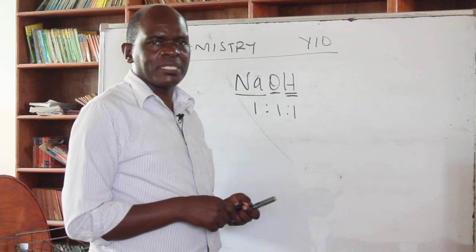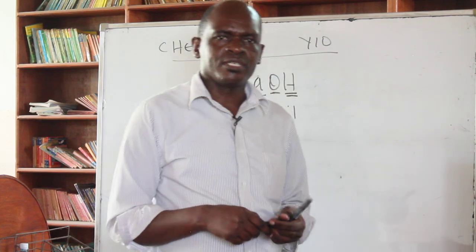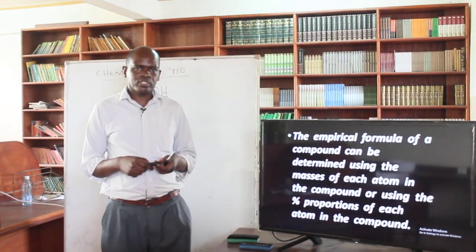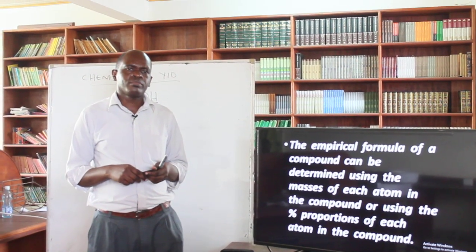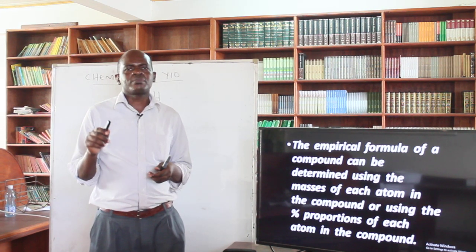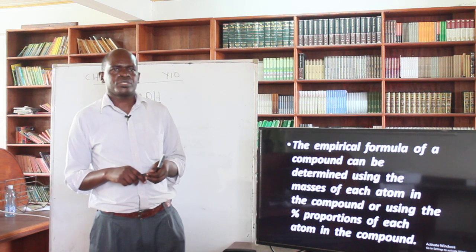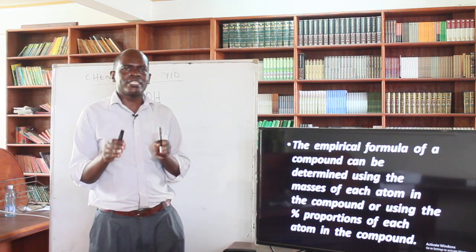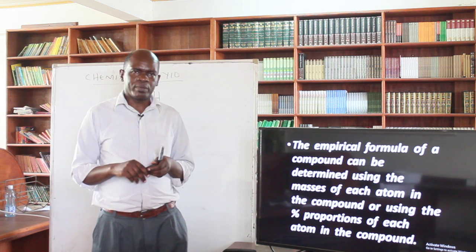Now, this particular empirical formula can be determined by using the masses of each atom. That is, we can use the masses of each atom that form the compound, or sometimes, instead of giving us the masses, they give us the percentages. The proportions represented by the percentages of each particular atom inside the compound.